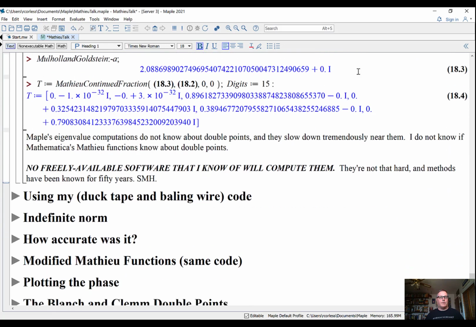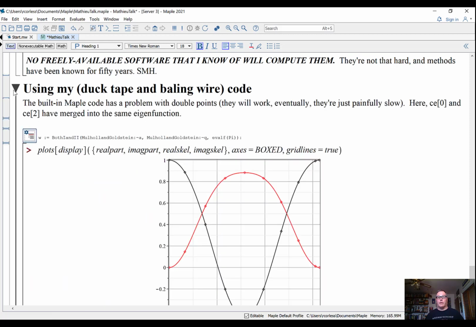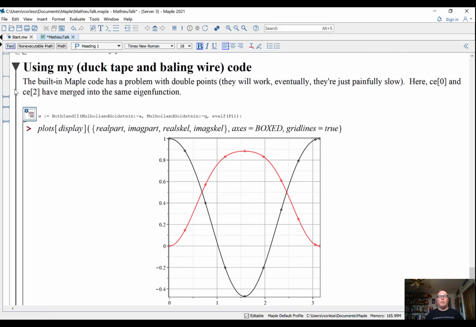All right, now let's use my duct tape and baling wire code. My code has no user interface. It's just meant to be used by somebody who's willing to experiment and to reach in and avoid the sparks and have it work. So Blanch said something really interesting in one of her papers about software.